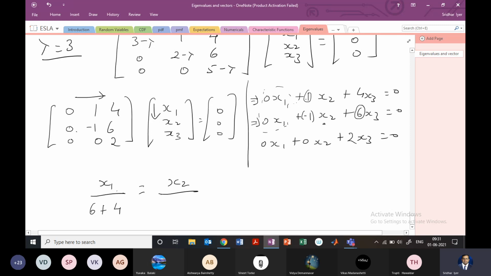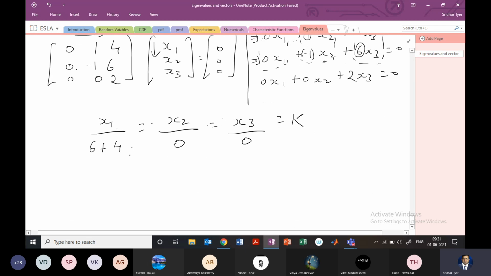Ignoring the second column, I'll get 6 into 0 plus minus 4 into 0, so that will just give me 0, equal to x3. Ignoring the third column, you'll get -1 into 0 minus 1 into 0, so that will also be 0. And this will be equal to some k.